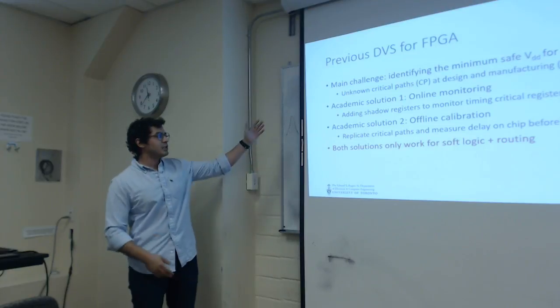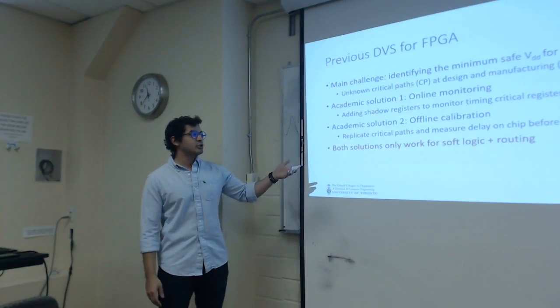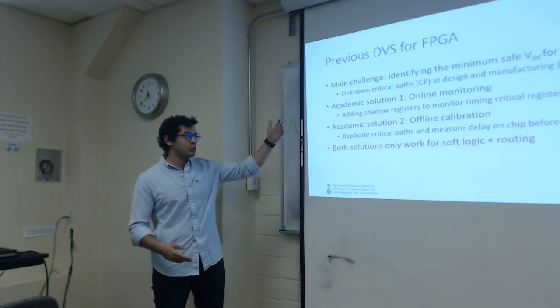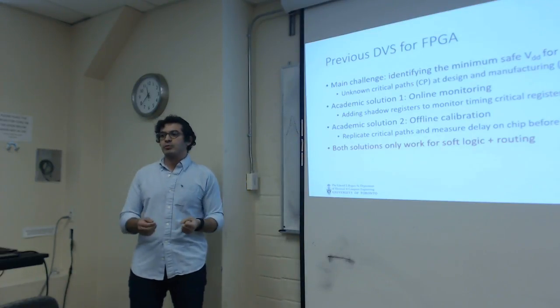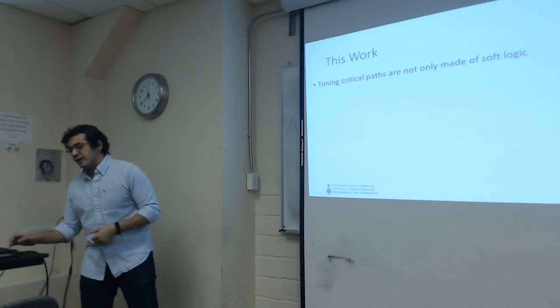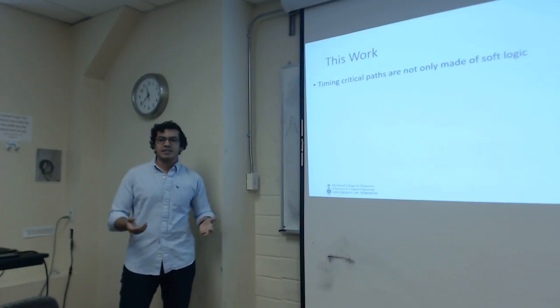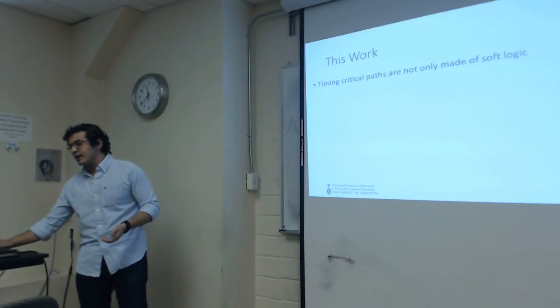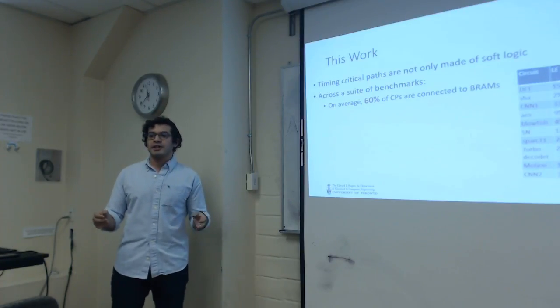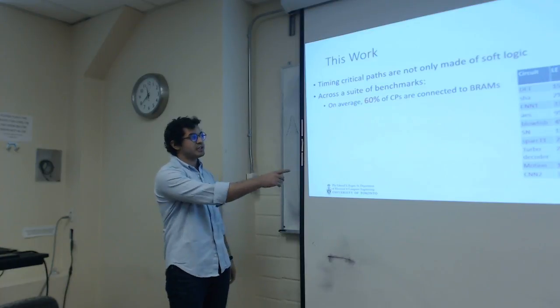One major limitation in these two approaches is that they both assume that the timing critical paths that should be monitored or calibrated are only using the soft fabric of the FPGAs. So we started this work by running an experiment to check whether this is true or not. Our goal was to analyze many different critical paths across a suite of benchmarks shown in this table.